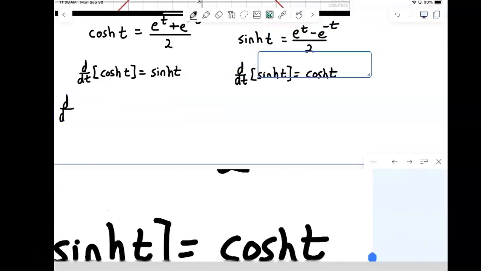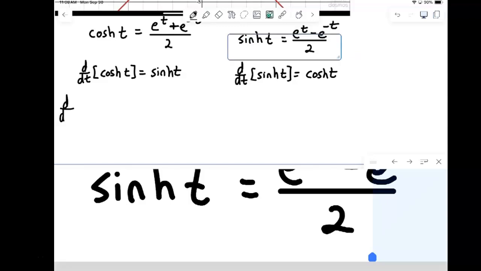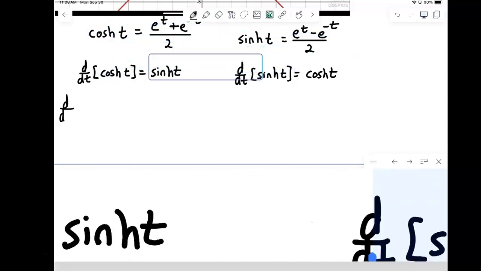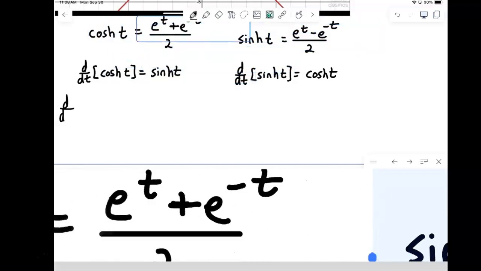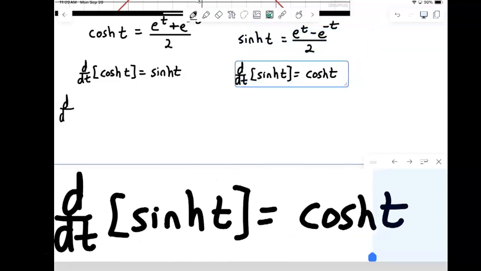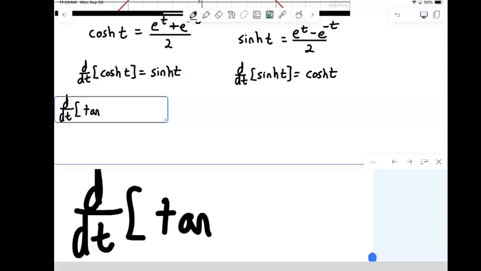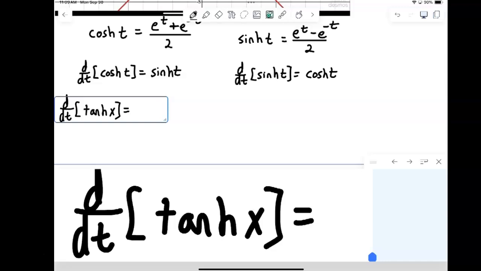Again, you can verify these just by using your derivative rules for cosh to see that its derivative is in fact the hyperbolic sine. And likewise, the derivative of the hyperbolic sine is in fact the hyperbolic cosine. But let's use those two results to figure out what the derivative of the hyperbolic tangent of x would be.